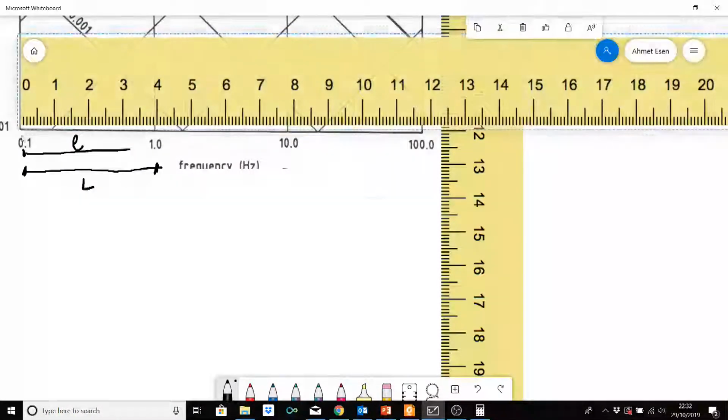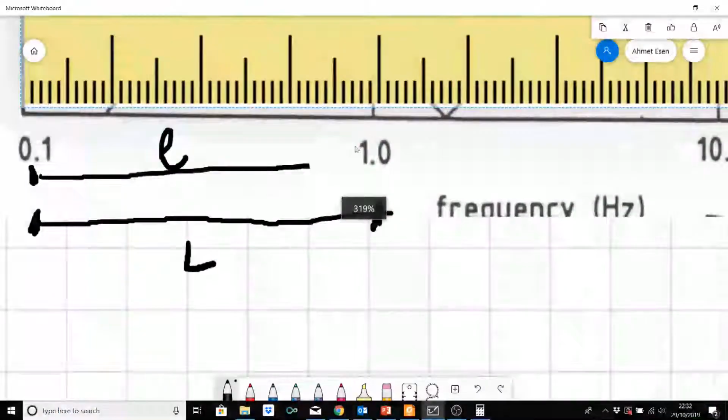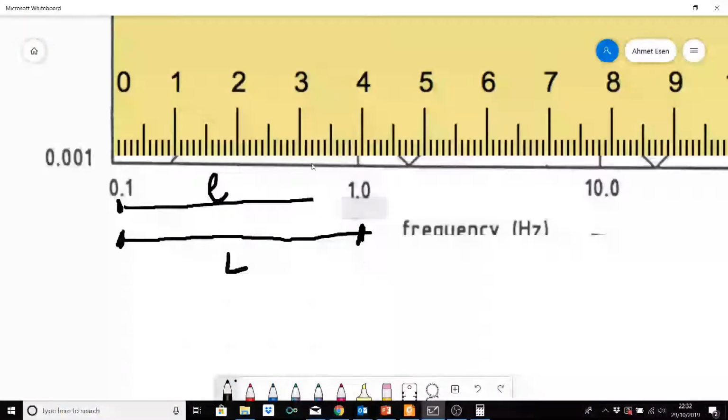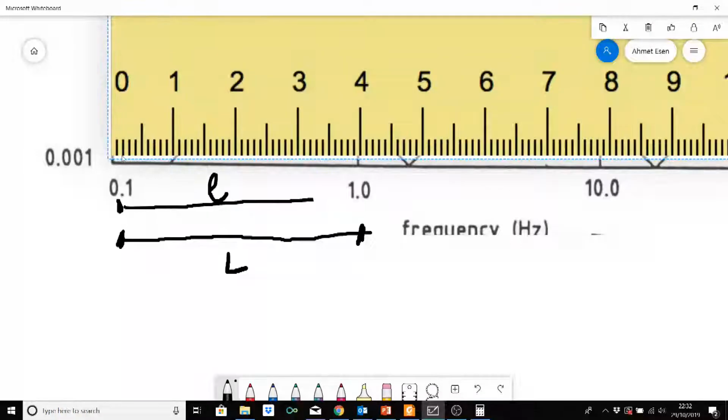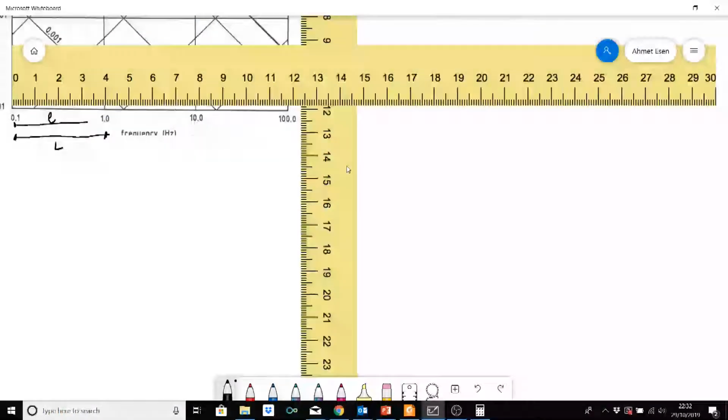I'll locate 3.85 here, and I'll come closer so we can see everything clearly. So 3.85 is here: 3.5, 6, 7, 8, 9. It's in between here, so our value should be somewhere here.